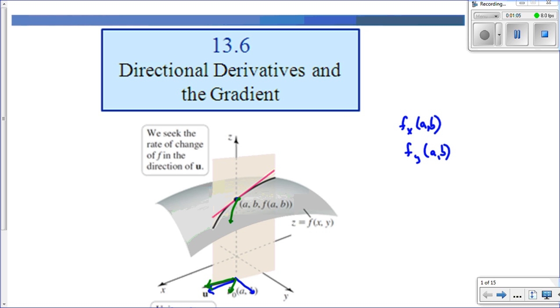Now that vector u corresponds to a path up on the surface, and the directional derivative will be the slope of the tangent line on that curve at the point (a, b), f of (a, b). Now notice that that derivative will not be the partial with respect to x or the partial with respect to y at (a, b), but it will be a combination of those two.